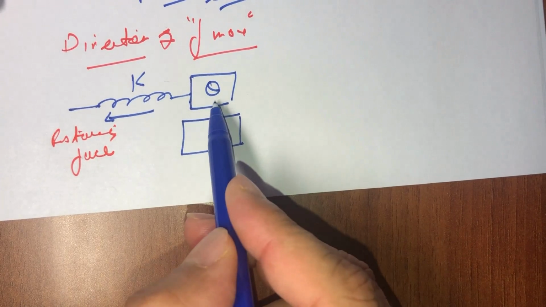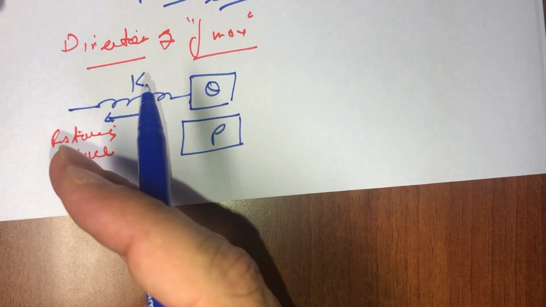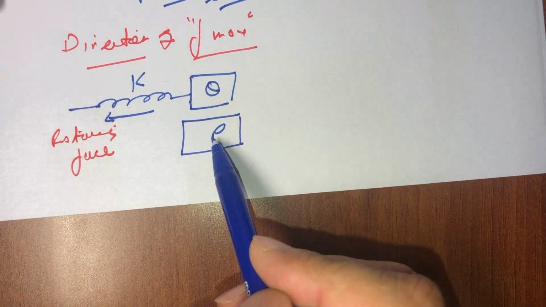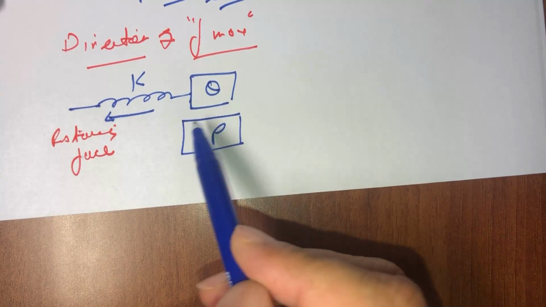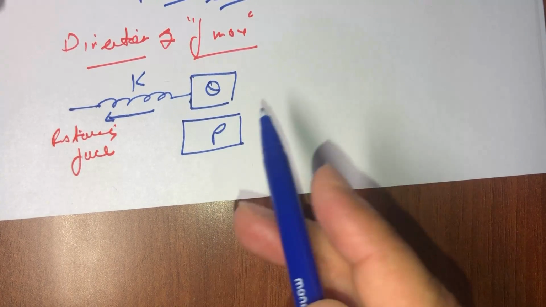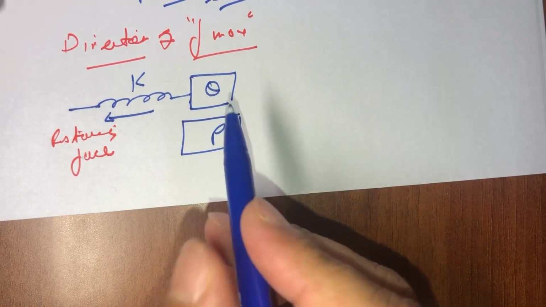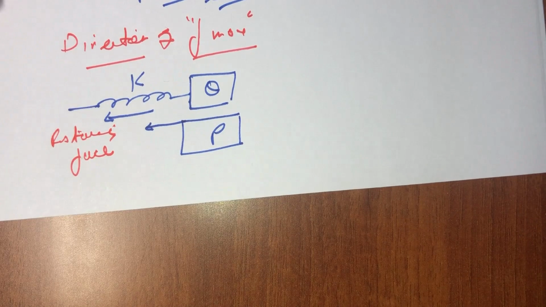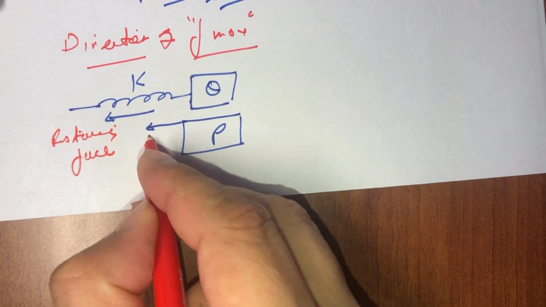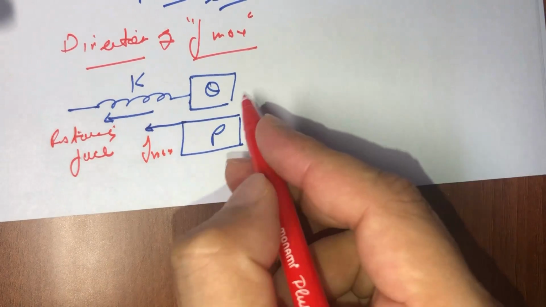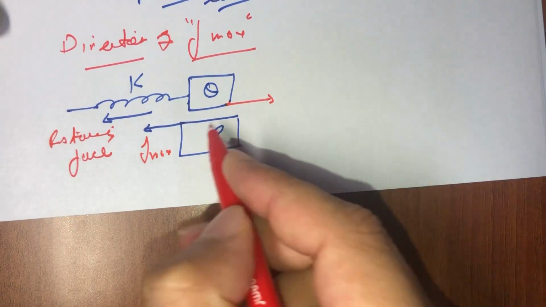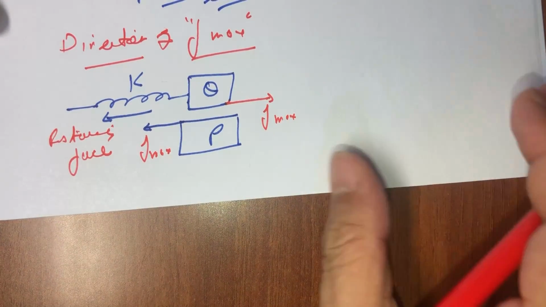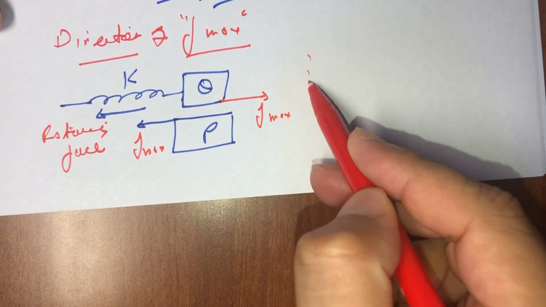So the spring will try to force Q to move toward the left, and the frictional force between Q and P will be such that for P to move together with Q, it should also move in the direction of the restoring force. So the force of friction will be acting in this direction for P. This will be our F max, and because of action and reaction, F max for Q will act in the opposite direction.